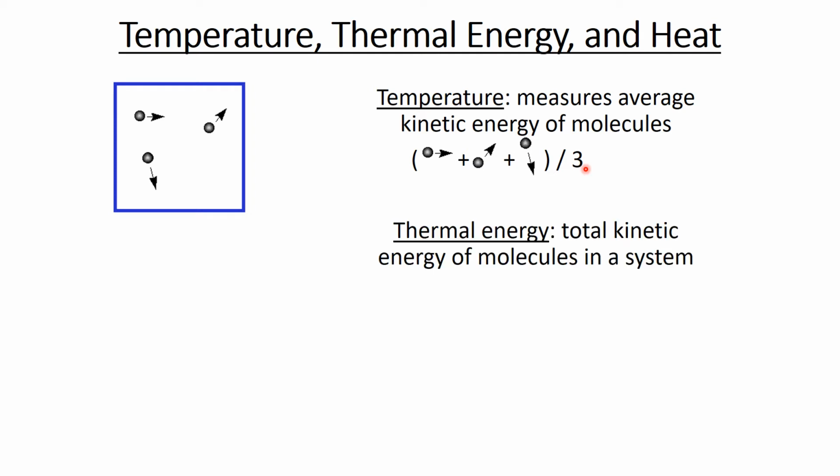Thermal energy, on the other hand, is the total kinetic energy of the molecules in a system. So if I go back to this 3-molecule sample of gas, and I take all these kinetic energies and I just add them up, the total number I'm going to get is going to be equal to the thermal energy. So both temperature and thermal energy are expressions of energy.